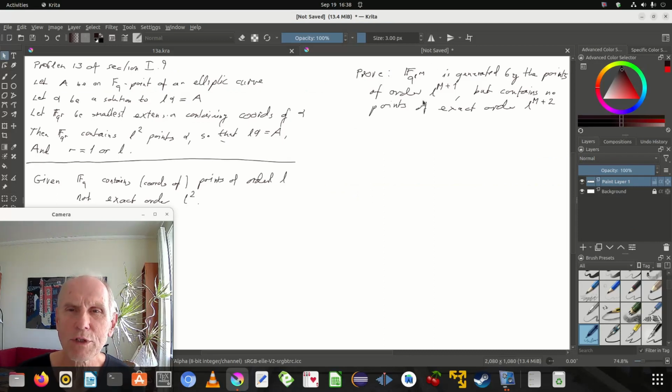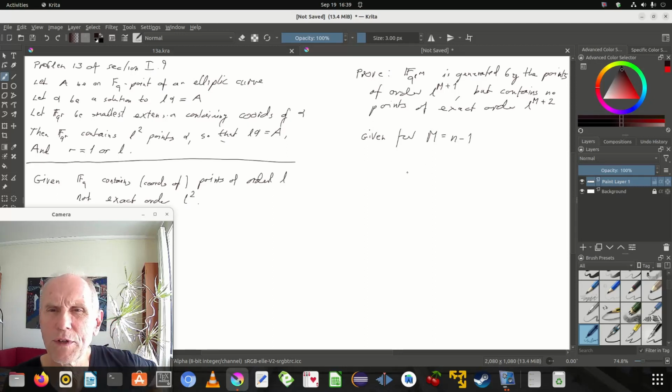So assume that we have this for some n, and then we use the proposition, the problem, where instead of q we use it on this, so this is giving for some m minus 1. And then we shall prove it for n.